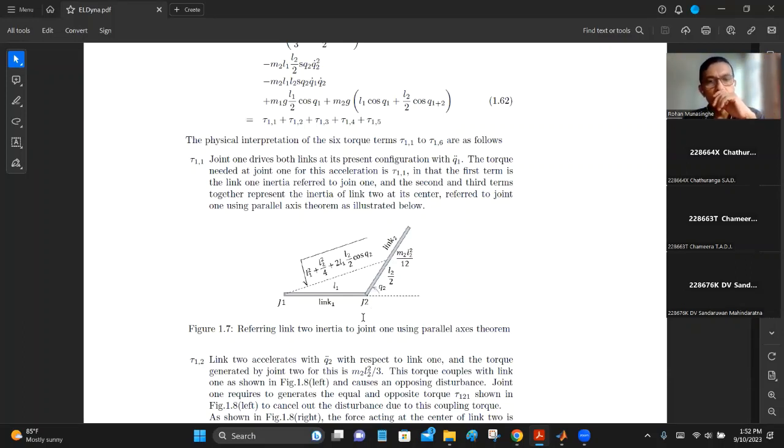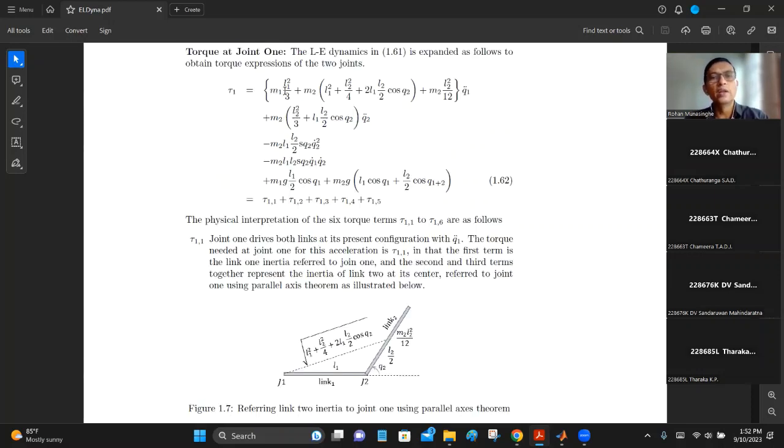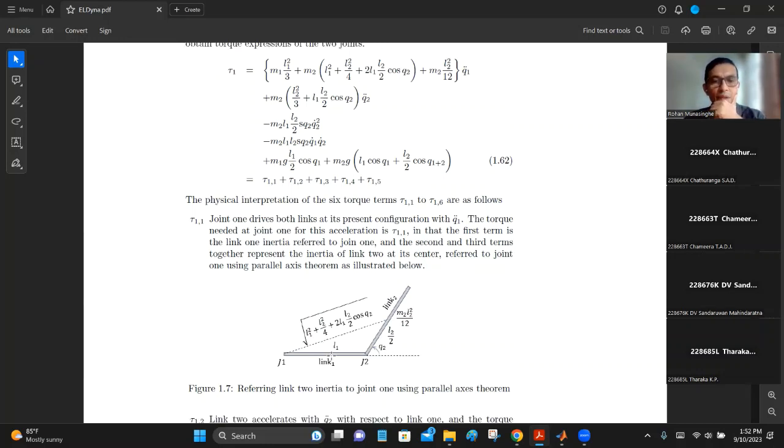So therefore, if you look at the 2 links as just one link together, how much torque is required at joint 1 to actually just keep it there and then move with some acceleration? That torque is tau 1, and you can easily see it over here, m1 L1 square over 3. This is the inertia of the first link as seen at joint 1.